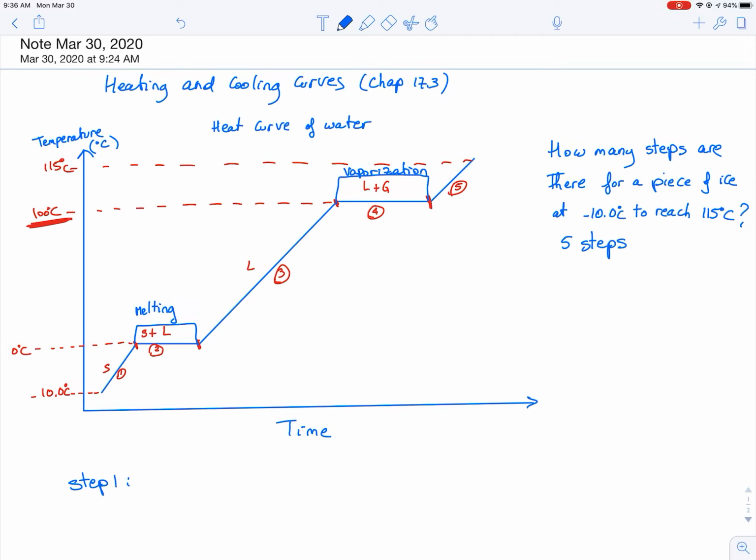So what happens in step number 1? With step number 1, the temperature goes up, right? So temperature goes up from negative 10 degrees Celsius to 0 degrees Celsius.